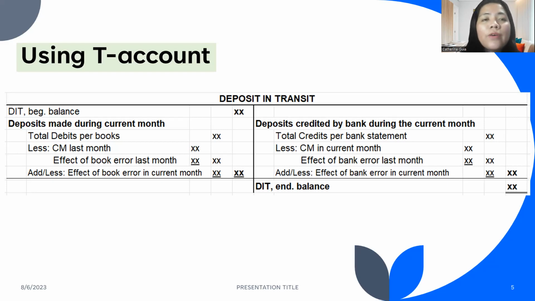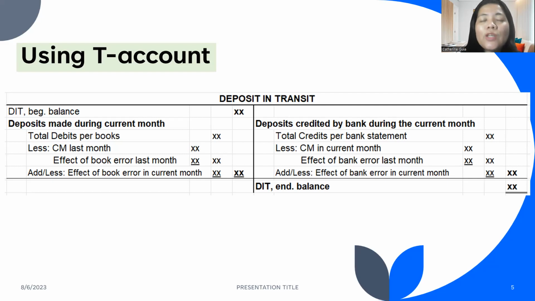Those are the items that will appear in your computation. All items such as credit memo, last month or this month, book error last month or bank error last month or this month, are excluded from the computation.